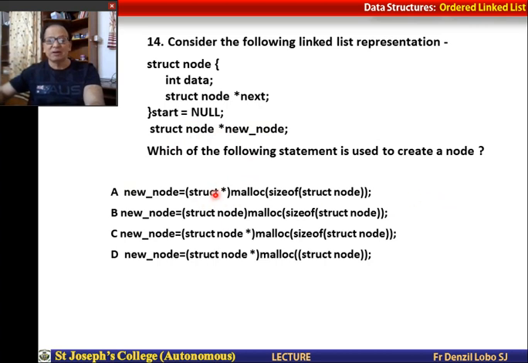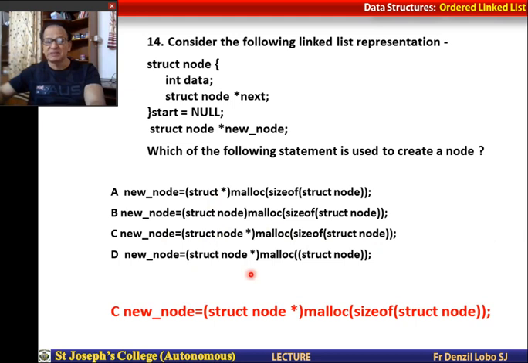Struct node star, struct node star, etc. Naturally it is going to be C because it is correct. You could have created a new node here by giving a tag, etc. So it has to be struct node star new node equals malloc of sizeof struct node.